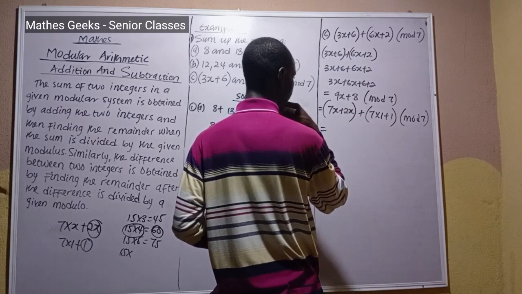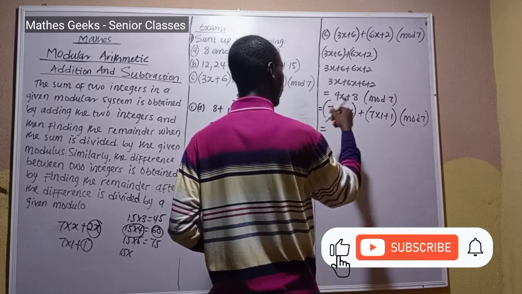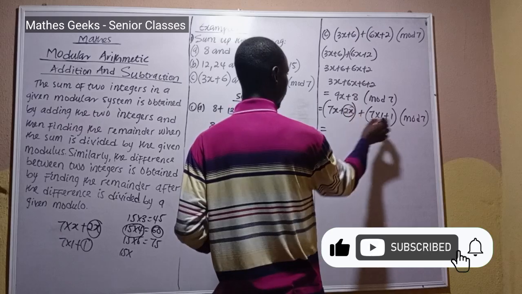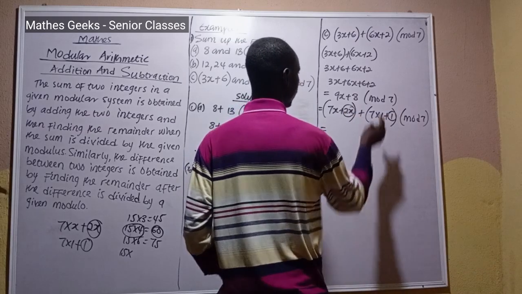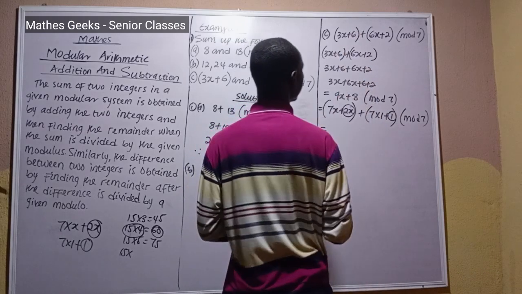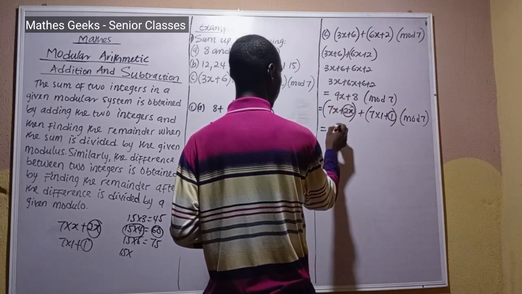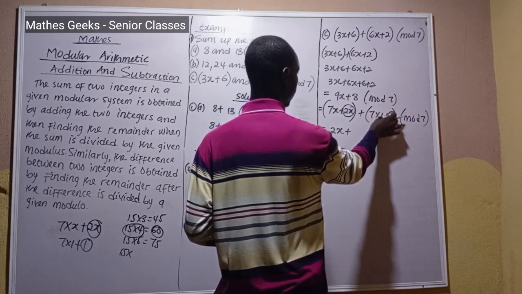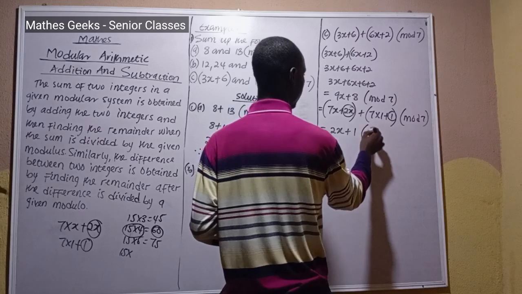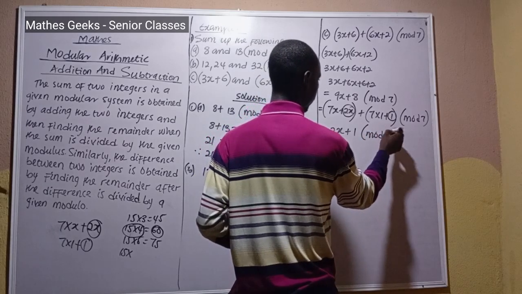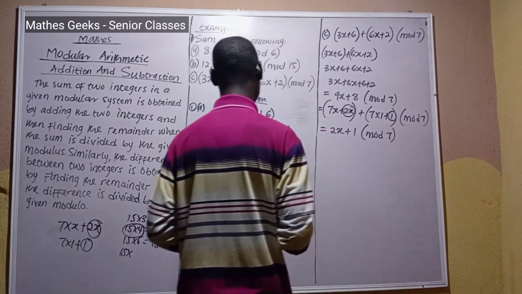We know that in modular arithmetic we are focusing on the remainder, so pick our remainder here. So 3x plus 6 plus 6x plus 2 in mod 7: the remainder for this part is 2x, plus the remainder here, 1. So this is our answer in mod 7.